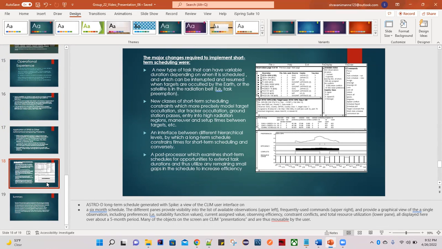A post-processor which examines the short-term schedule for opportunities to extend task duration and thus utilize any remaining small gaps in the schedule to increase efficiency. So these were the major changes that were required to implement short-term scheduling.